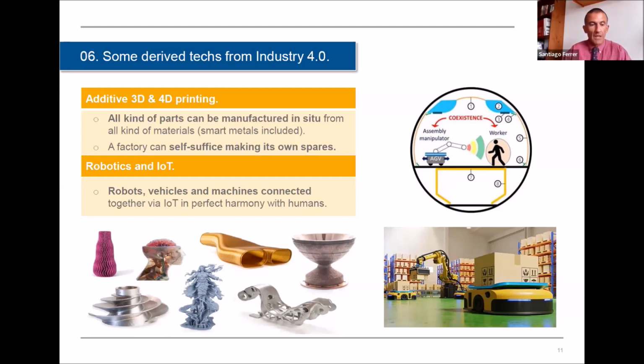So sounds good. And the other area I would like to mention is the one related to robotics and IoT, specifically the case of AGVs, AMR robots, vehicles and machines connected via IoT in harmony with humans. So that's the core of Industry 5.0.